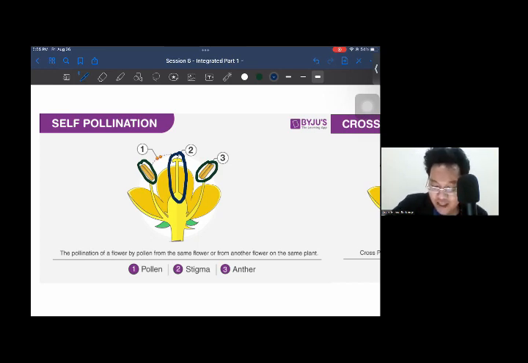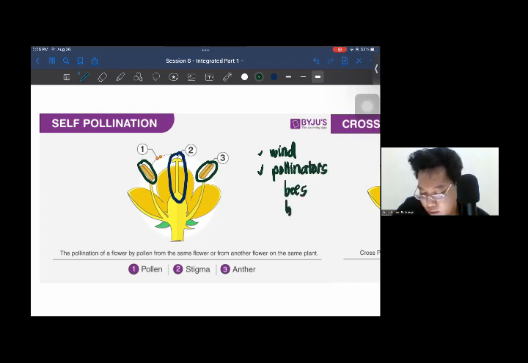Pwedeng dahil sa wind, and of course, yung ating mga pollinators. Examples of pollinators, bees, butterflies, moth. So, those are pollinators. So, kapag itong pollen grains ay na-transfer dito on the same plant, that is self-pollination.